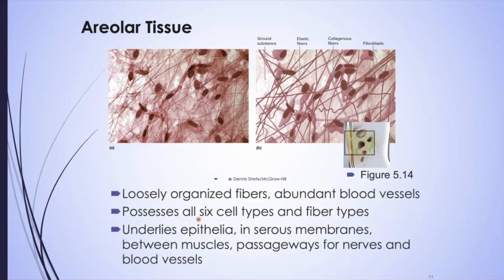It's going to underline the epithelia in those serous membranes, between the muscles, and be a passageway for nerves and blood vessels. So as you can see, this is a very used type of connective tissue. So let's look at the picture here. Here's the ground substance. Remember, the ground substance is that gelatinous type of substance. You can see in this areolar tissue, you have elastic fibers, right?